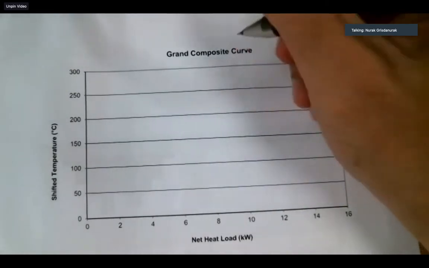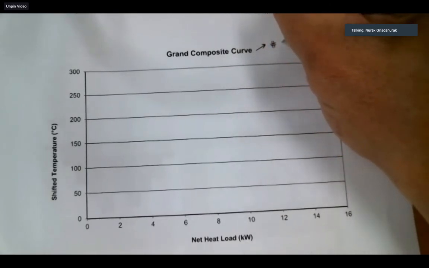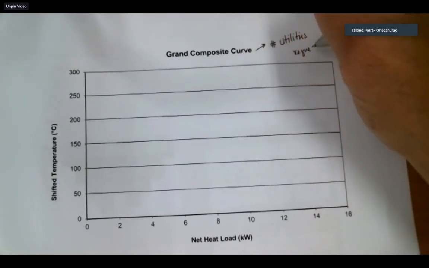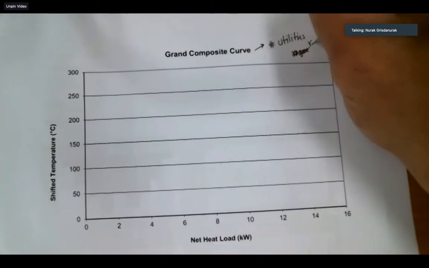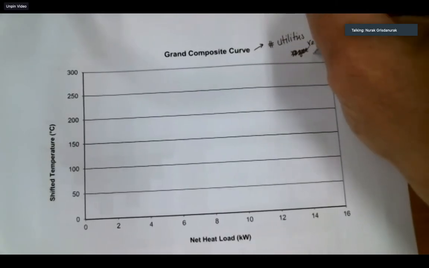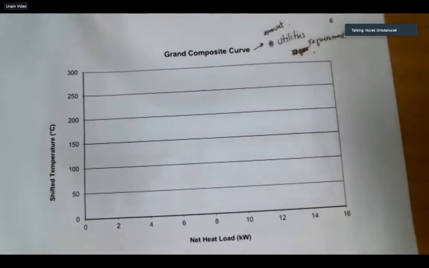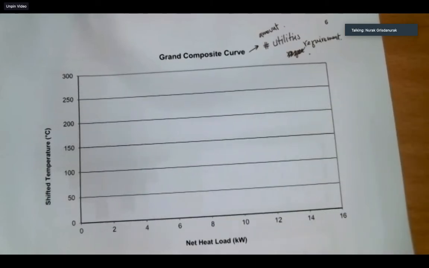After you get the grand composite curve, you will tell exactly how much of the utility requirement, not the type but the amount, based on amount of utility requirement.